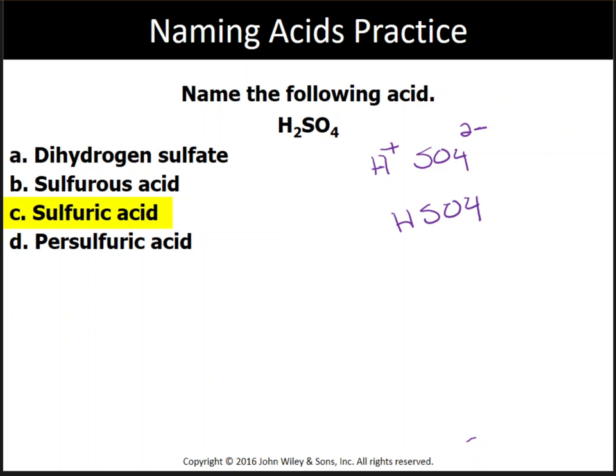So SO4 has negative 2 charge, hydrogen plus 1. To balance the charge, you're going to need to have 2 hydrogens here. So even for the acids, we're looking at the charges and we're balancing the charge. That's why the number of hydrogens for each oxyacid is different. Number of hydrogens really depends on the charge of the oxyanion.